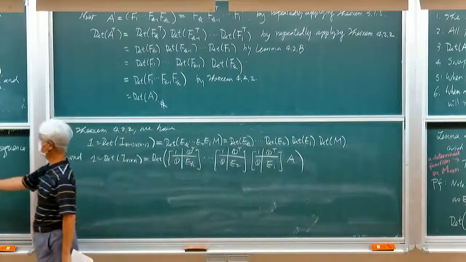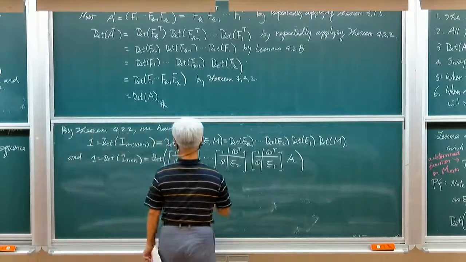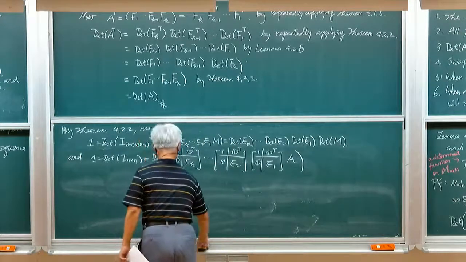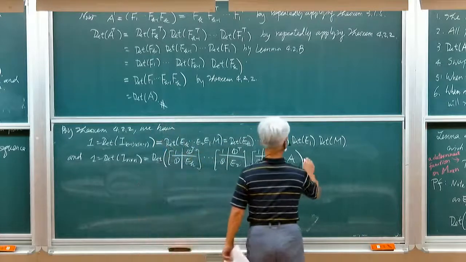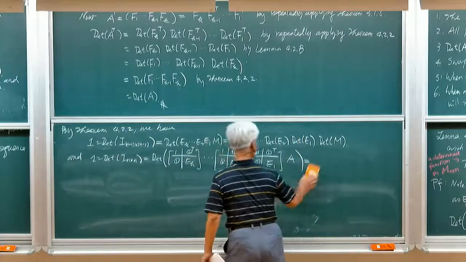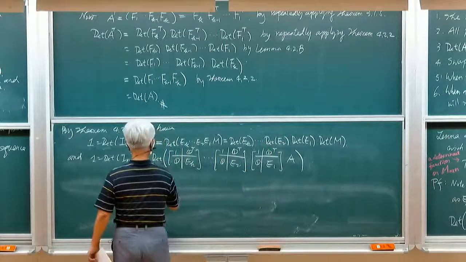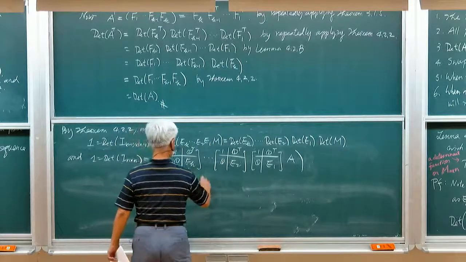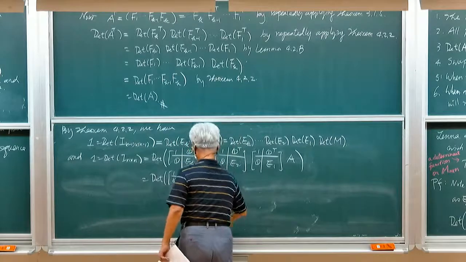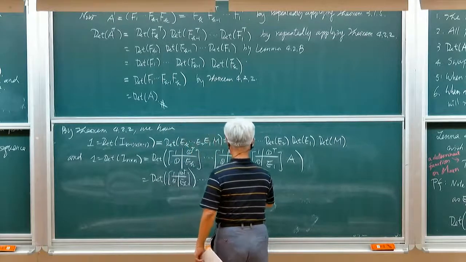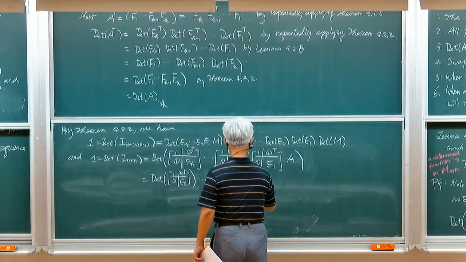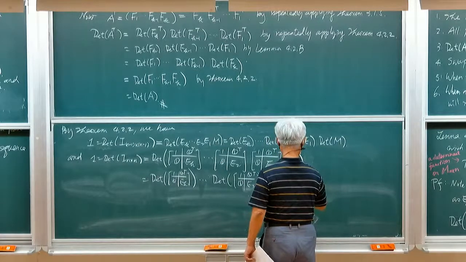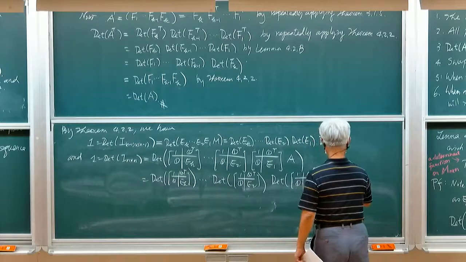Okay, this is A. And so it is equal, by the product formula, to the determinant of Ek, the determinant of E2, the determinant of E1, and the determinant of A.